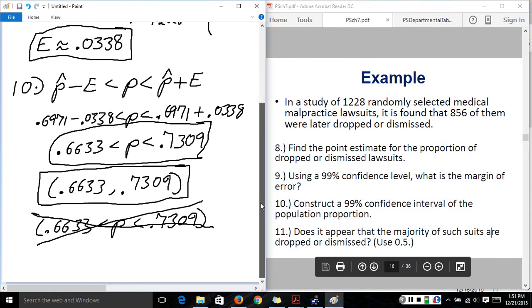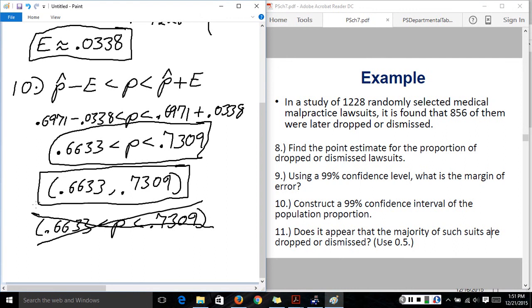All right, number 11 asks us to apply this information. It says, does it appear that the majority of these lawsuits are dropped or dismissed? Well, a majority would be anything above 50%, or 0.5 as a decimal.